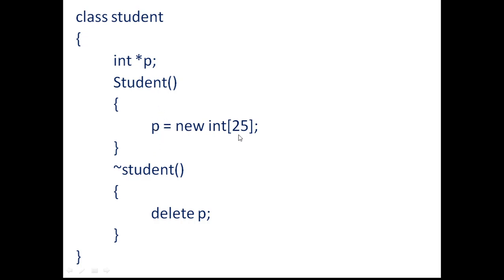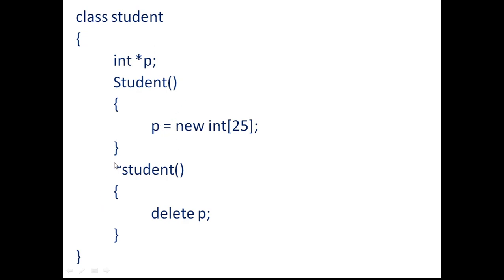In the constructor, P is assigned an array of memory of 25 size, and the data type is integer. So now P gets linked to 25 memory locations, and the starting address is going to be stored in P, and we know that the pointer of an array holds the base address or the starting address. That is what happens in this line.